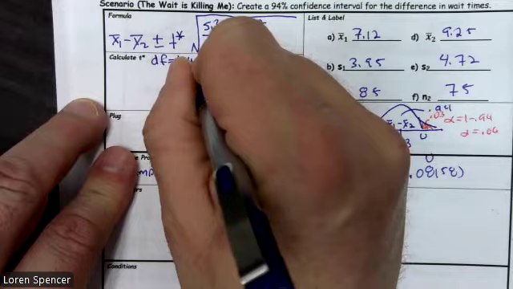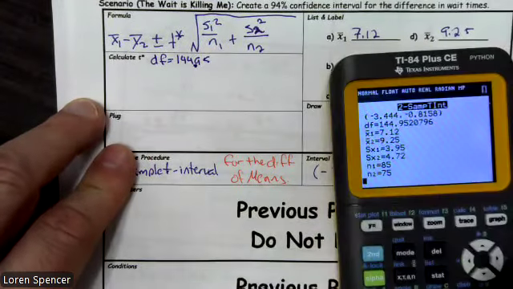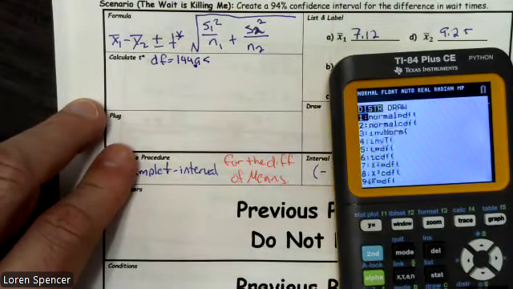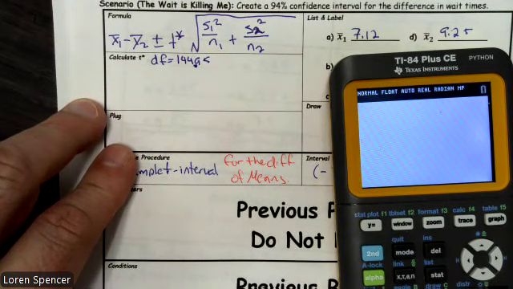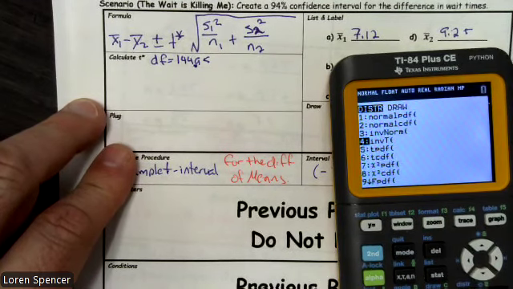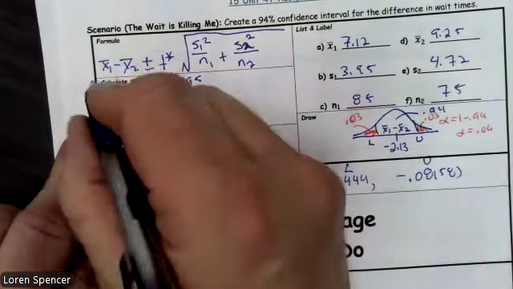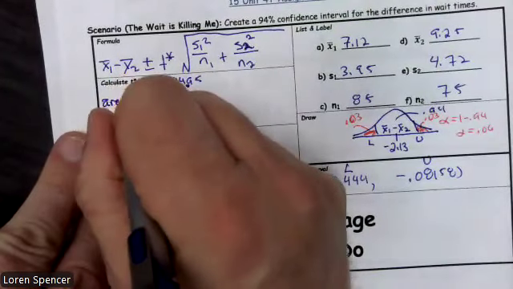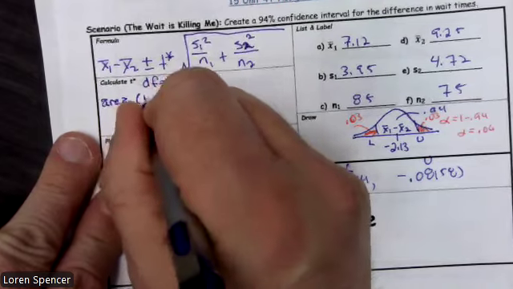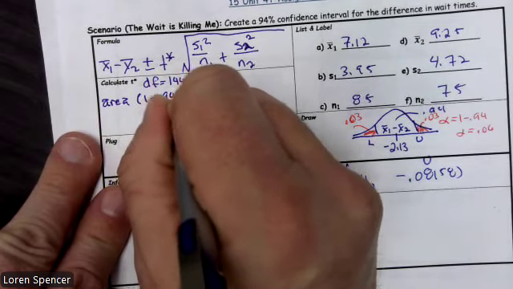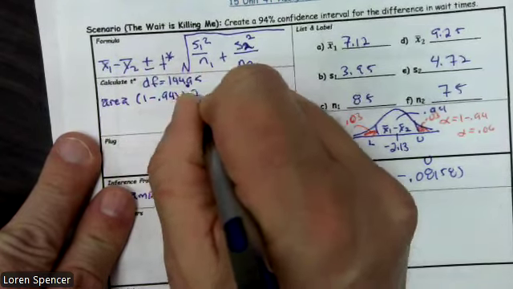DF equals 144.95. Now I'm going to go 2nd Vars, inverse t, and it asks for area. So the area is 1 minus 0.94, divided by 2.